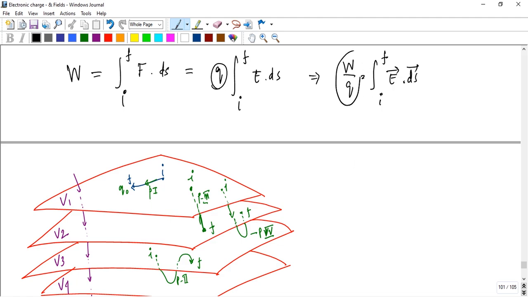W by Q for the test charge Q naught gives the potential: the final potential minus the initial potential equals W over Q, which equals the integral from I to F of E dot ds.